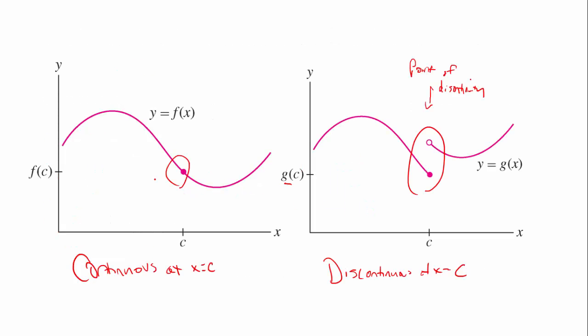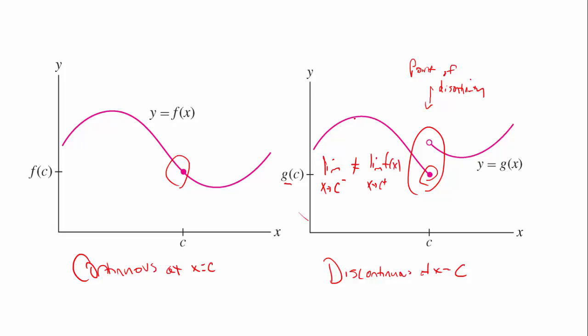Okay, so if we go back to that picture, now it makes sense why the left graph is continuous and the right graph is not continuous. We'll start with the discontinuous example. If you look at c, does f of c exist? Yes, it's right here. But the limit as x approaches c from the left does not equal the limit as x approaches c from the right.